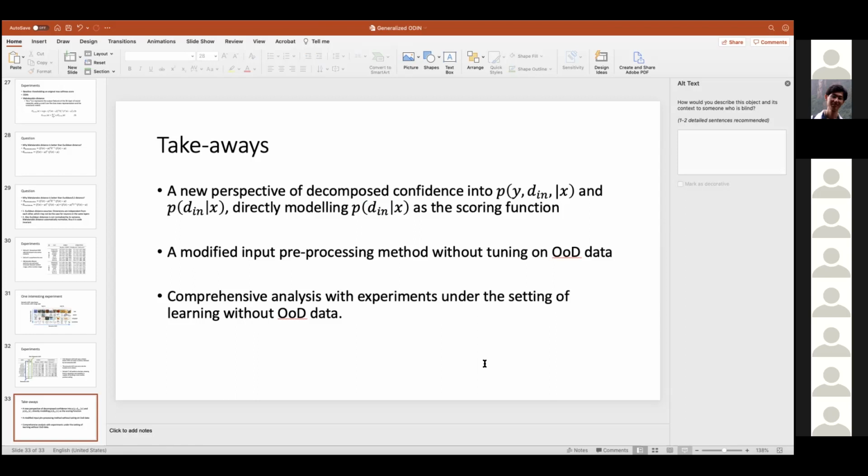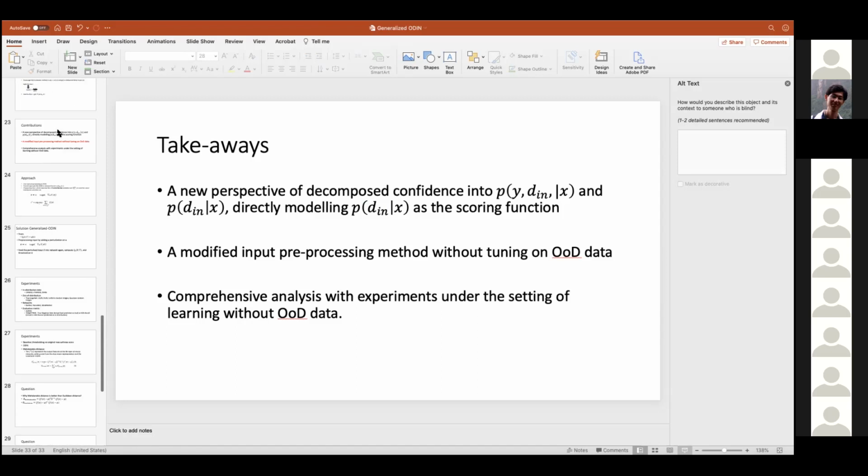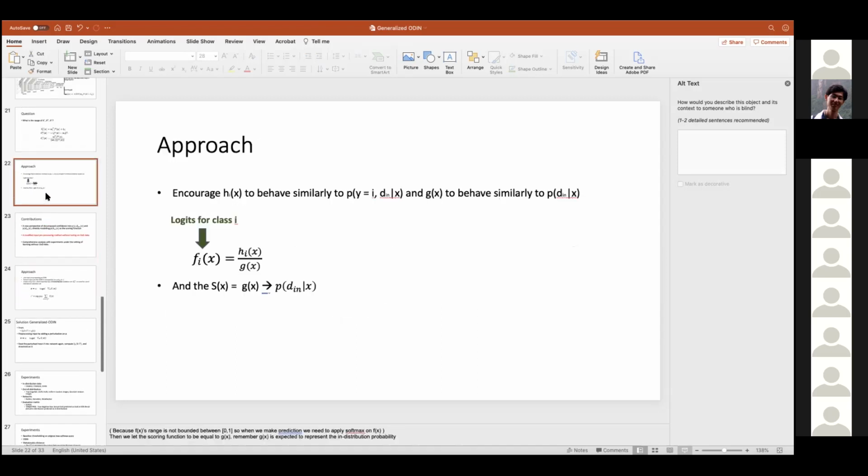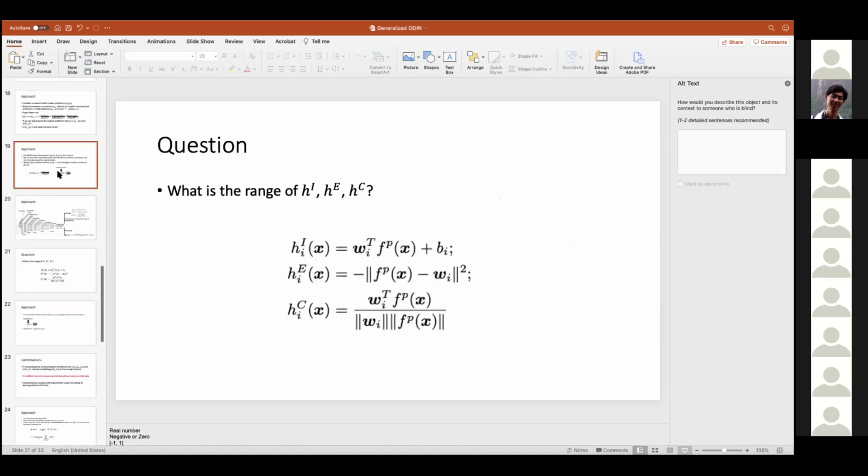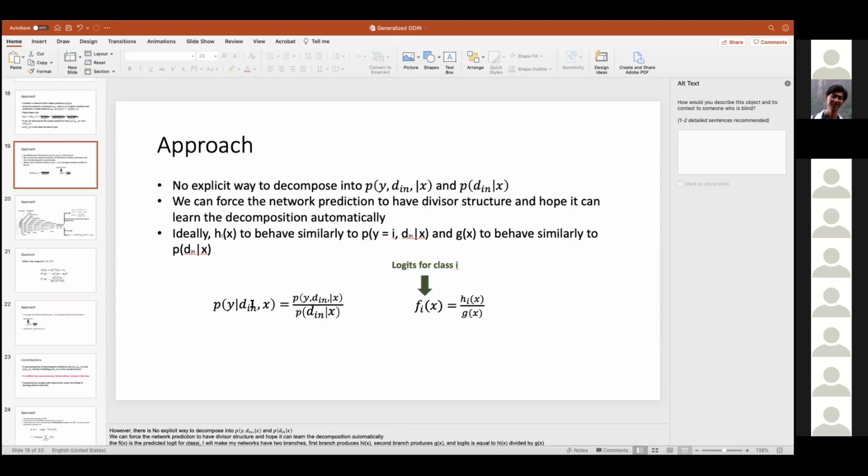So Ruofan, my question is, from your point of view, do you think there are any problems, or what do you think about this approach? I just feel confused about how we explicitly draw the relation between H(X) and this, and G(X) and this.